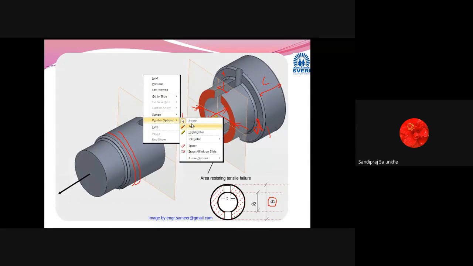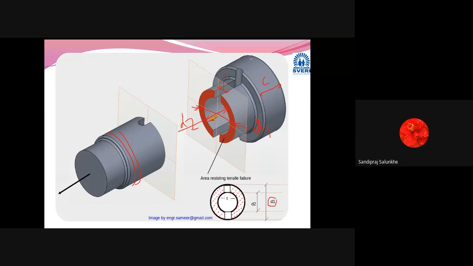Let me show which diameter I am talking about. The diameter of this collar, from this point up to this point. Let me draw one line up to this. So this diameter we have considered as D4. Now this D4 has to be calculated, and also we have to calculate this C.